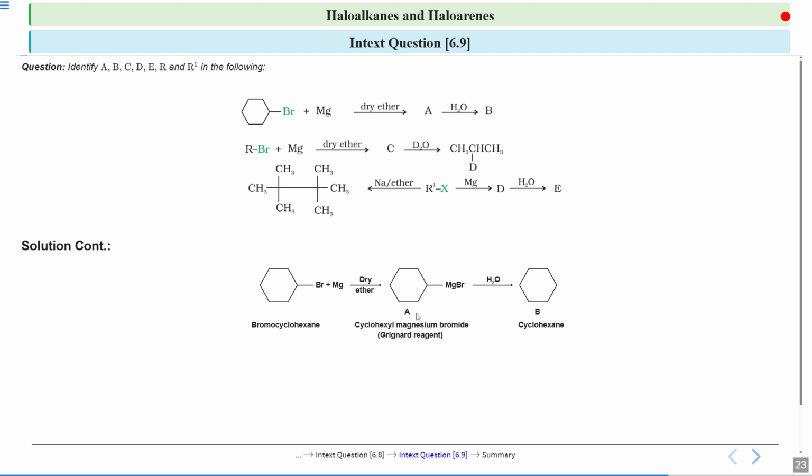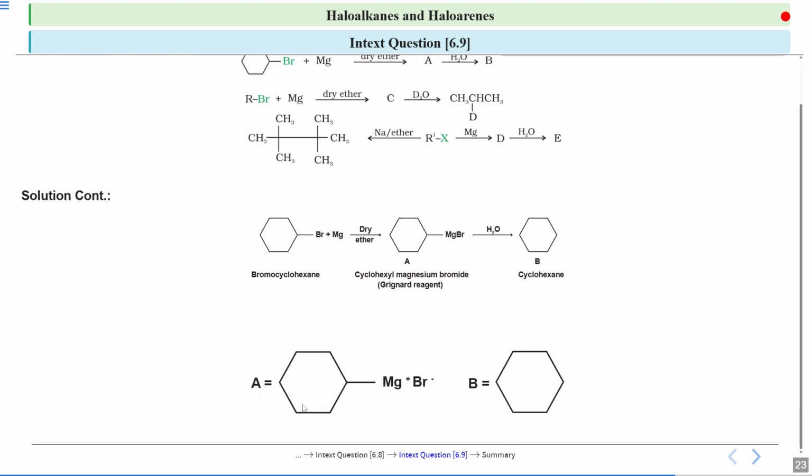So your A is cyclohexyl magnesium bromide, and when this reacts with water, it gives you an alkane, cyclohexane, that is your B product. So A is cyclohexyl magnesium bromide, and B is cyclohexane.